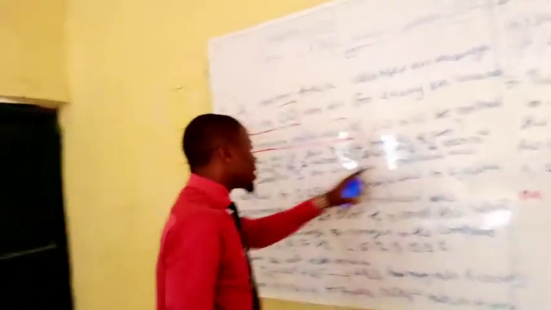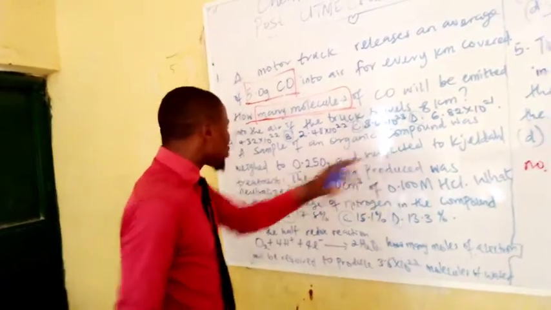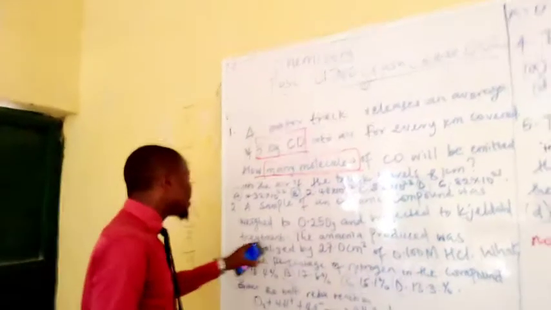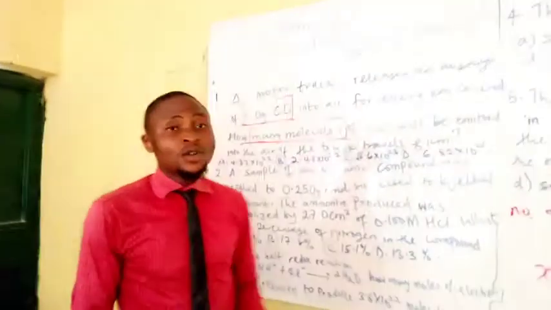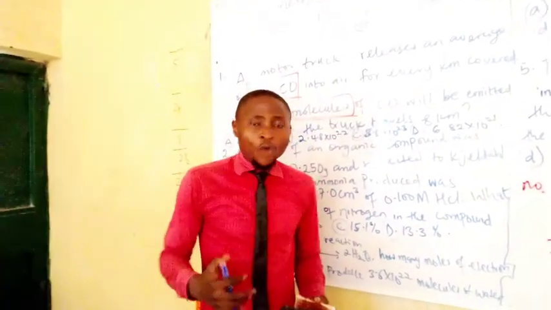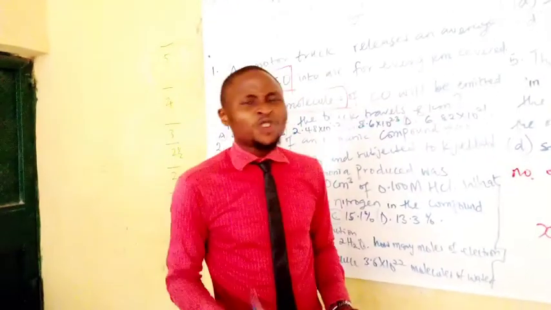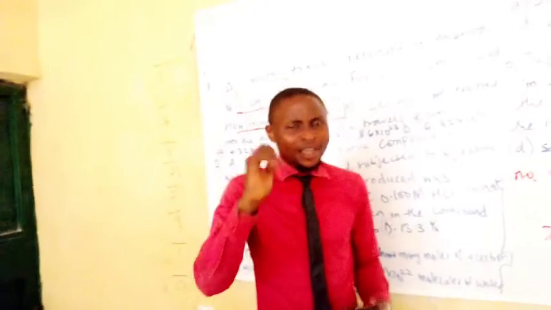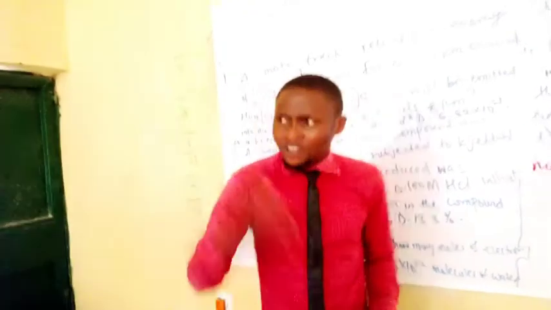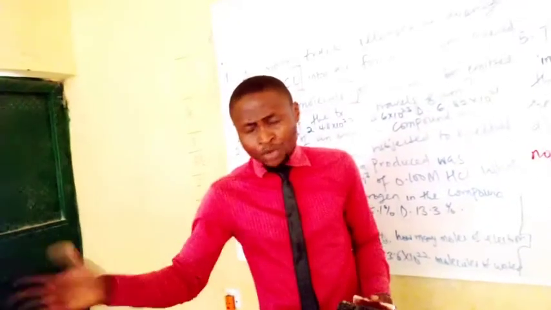We move on to question number 2, which says a sample of an organic compound was weighed to 0.250 gram and subjected to Kjeldahl treatments. Do you understand? Kjeldahl is a scientist who discovered how we can quantitatively measure the composition of nitrogen in organic or inorganic compounds. Kjeldahl is a method that involves digestion and a host of other procedures.